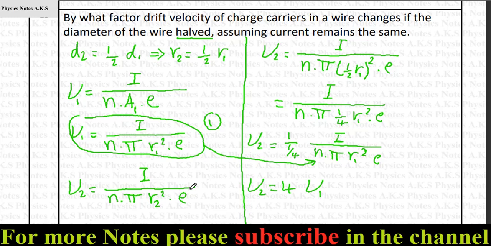Instead of this fraction I put v1. So we notice here that when we halve the diameter, the drift velocity will increase by 4 times.